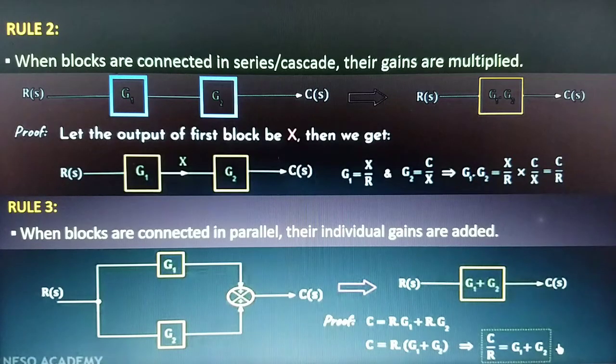If you want to convert this whole block diagram representation into a single transfer function, we need to multiply these two gains, and we will have a single block of G1 times G2.